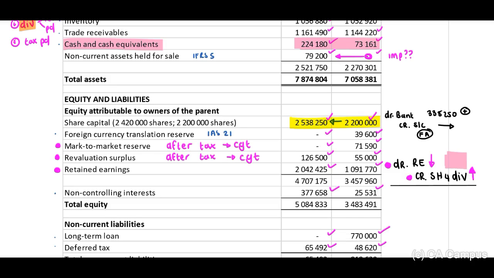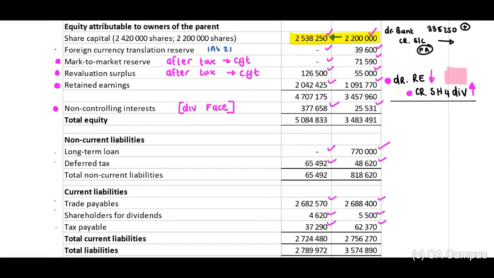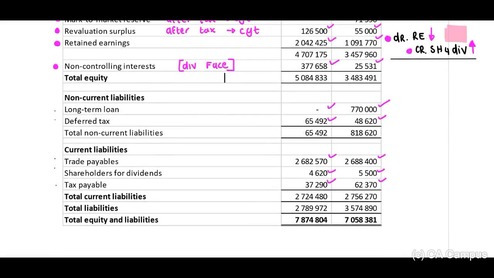Then we have our NCI, also important. Why? Because we need to include the dividends on the face of our cash flow statement. Therefore, we will have to identify if there is any dividends. Then long-term liabilities, long-term loan, investing activities, deferred tax.